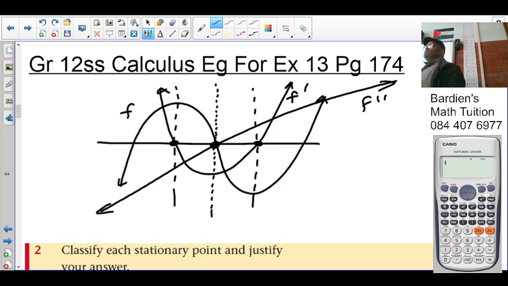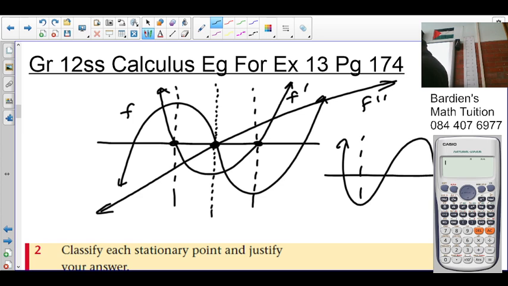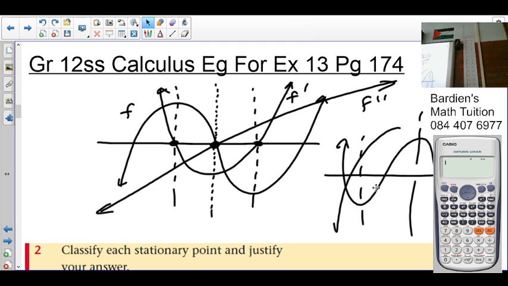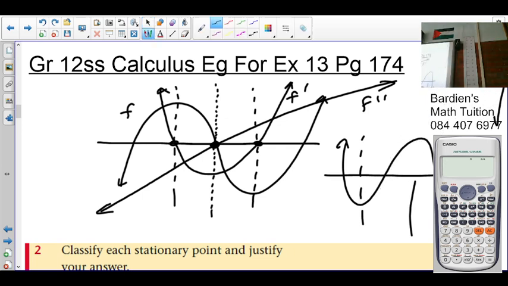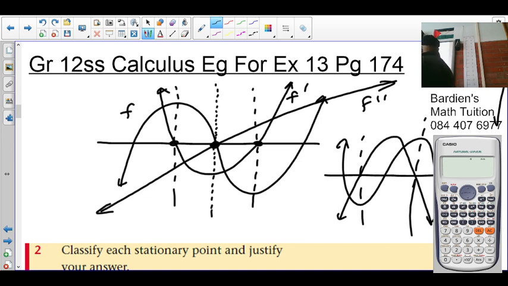And the reverse is also true. If the graph goes down then up, then at your turning points, your derivative function, the quadratic function, is going to cut your x-axis, and at that x value of the point of inflection, the second derivative will cut the x-axis.